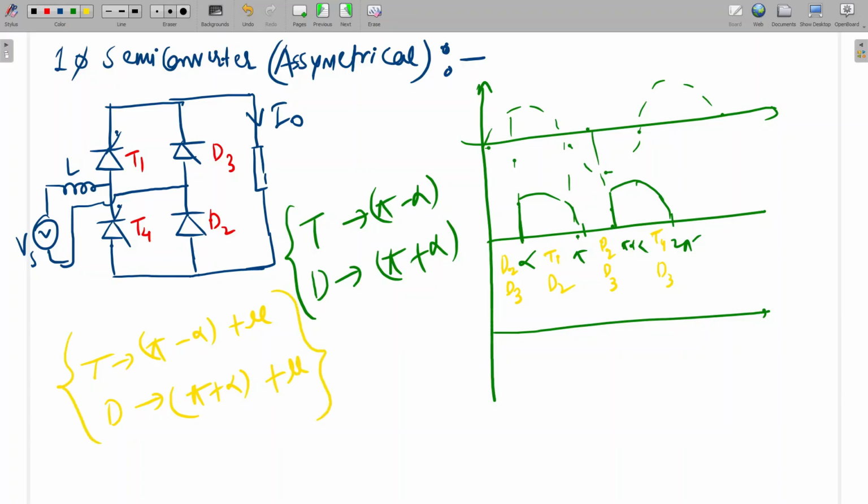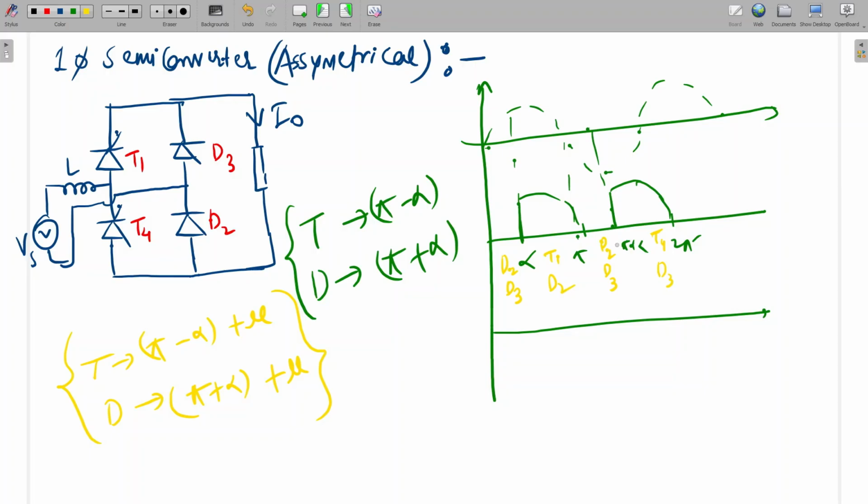You can visualize the waveform by drawing. Let's say D2 and D3. D2 is conducting here, and here also.